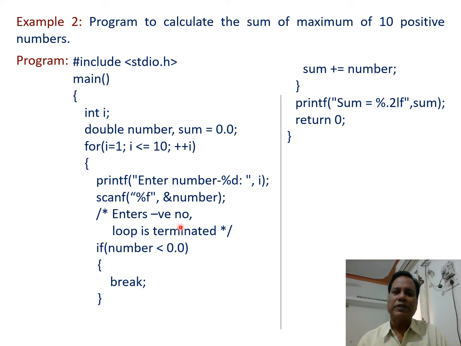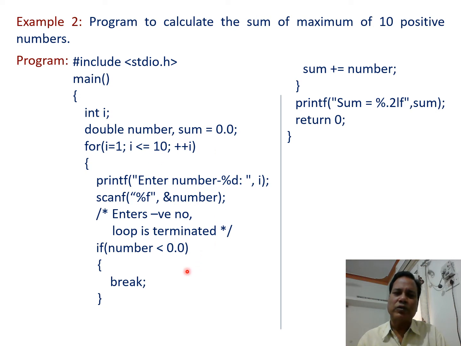Once the condition of the for loop fails, that is, once the value of I becomes equal to 11, the condition becomes false and control comes out of the for loop. Instead, suppose the user enters a negative number.